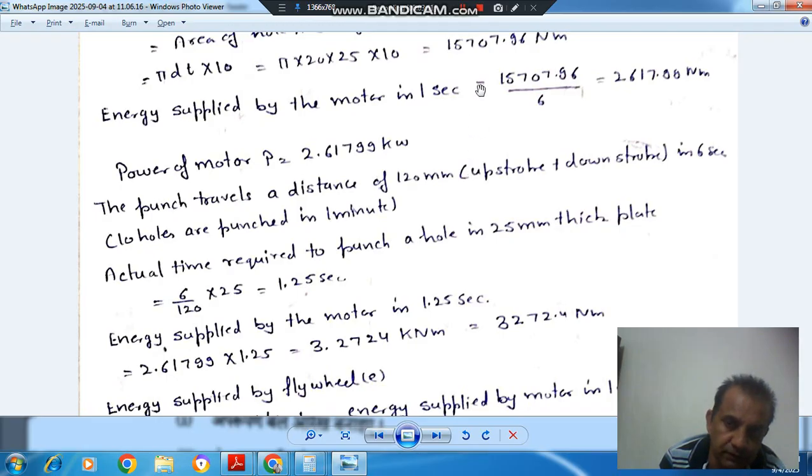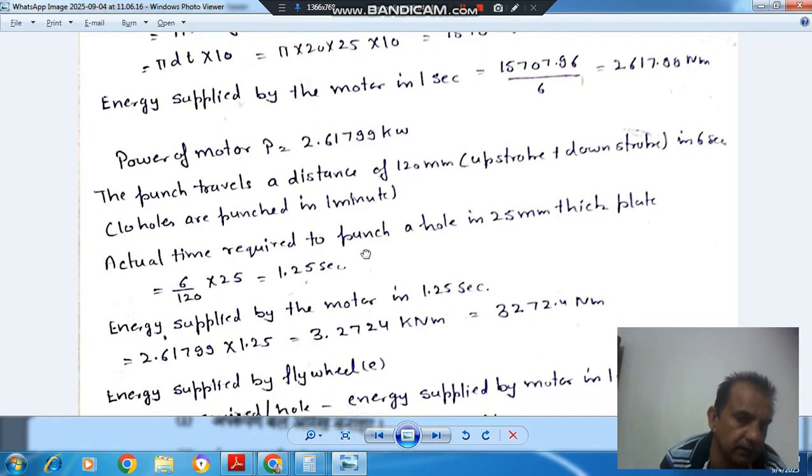The punch is coming down, making the hole, and then going back. So the actual punching operation will be only of 25 mm length, and that will be carried out in 1.25 seconds, because for traveling 120 mm the time required is 6 seconds, for traveling 25 mm the time required is 1.25 seconds.